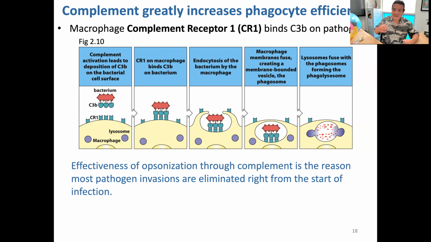But that process is made way, way more efficient, right, and faster if you have this opsonization process, the coating of the bacteria by the complement proteins. And again, right, your liver is constantly just making these complement proteins. So it's something that we evolved to do at a very modest cost, right? It's just one of a constantly produced protein by your body, right? But together, it's so effective.